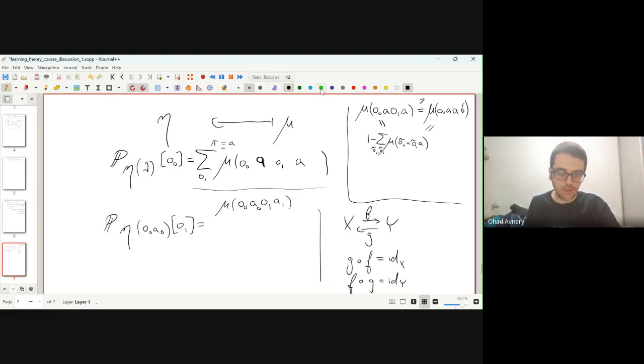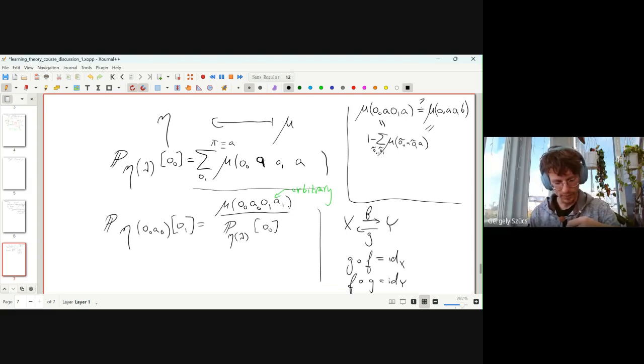And then we divide it by the prior probability that is eta of the empty string given O0. Right, and then this tells us that it's going to be undefined whenever the denominator is 0. So I think hopefully that answers the previous question. Yeah, thank you.